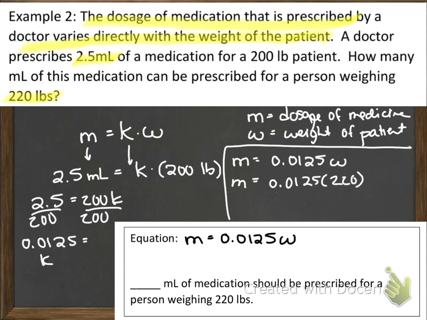So let's go ahead and do that math. In this case, we find out that the dose of medicine would actually be 2.75 milliliters. So the answer to this question is that 2.75 milliliters of medication should be prescribed for a person weighing 220 pounds.